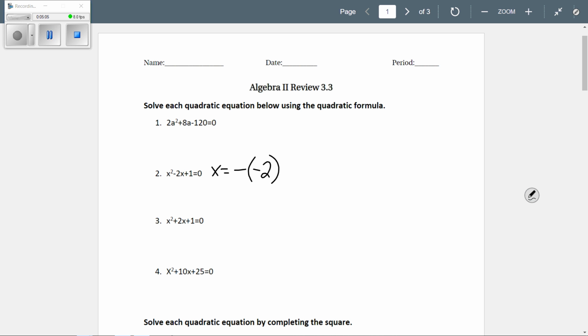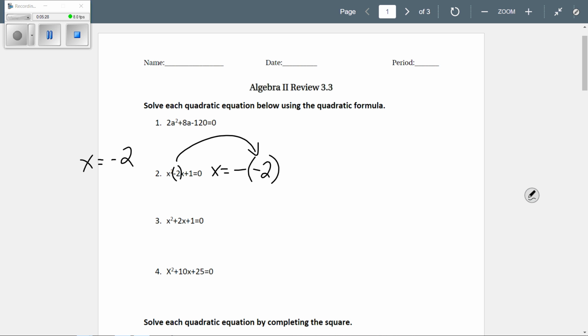Okay, don't just assume, oh, x equals negative 2. No, here x equals negative 2 because the equation says x equals negative b. Since b by itself is negative 2, you add that where b is supposed to be, and since the equation says negative b, it becomes a positive.